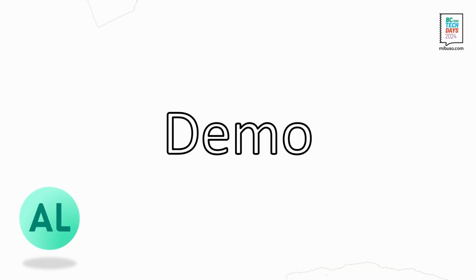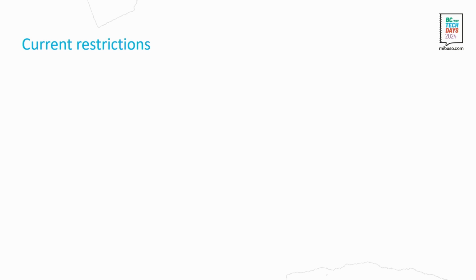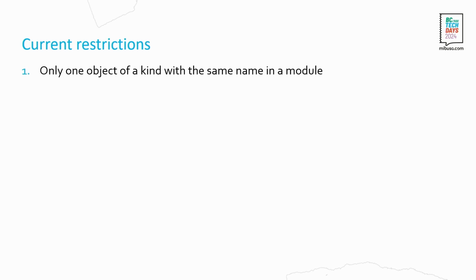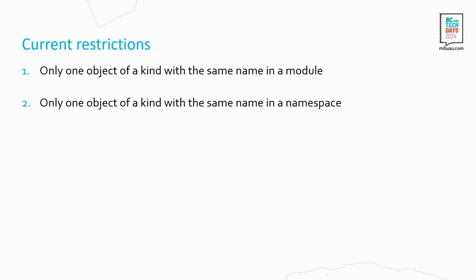So let's go back again and see what the restrictions are that we currently have on namespaces. Well, you can only have one object of a kind with the same name in the module. So if I want to specify the item table inside my module, I can only have one of those, no matter the namespace. The other restriction is that there can only be one object of a certain kind with the same name in a namespace.